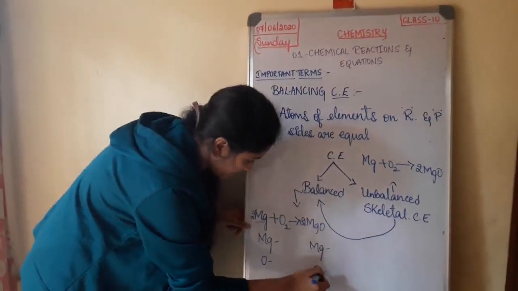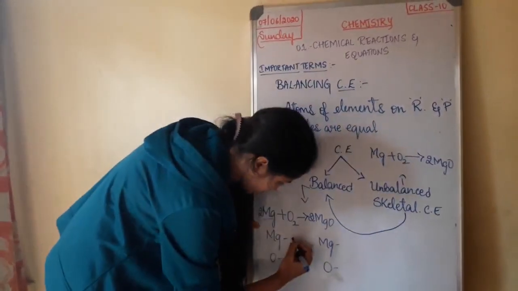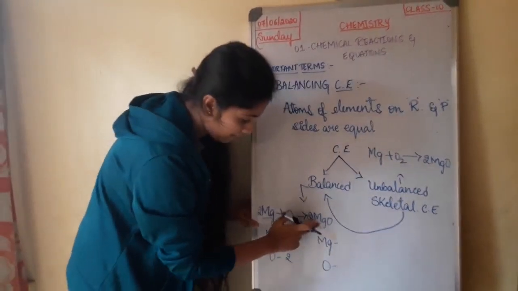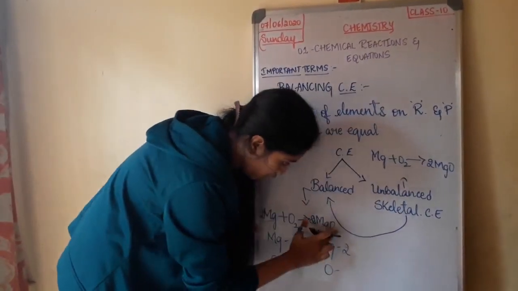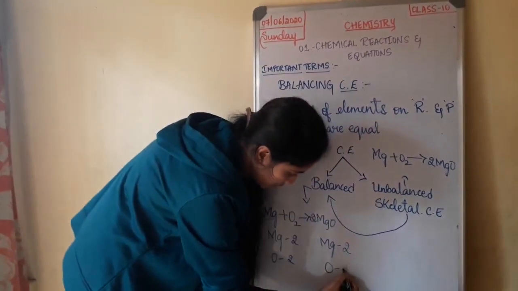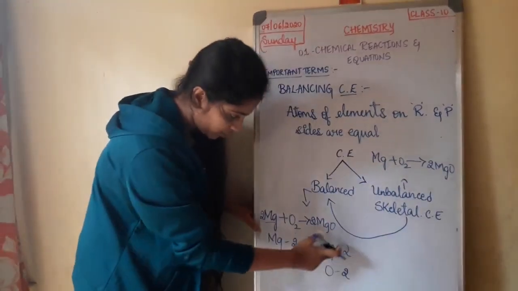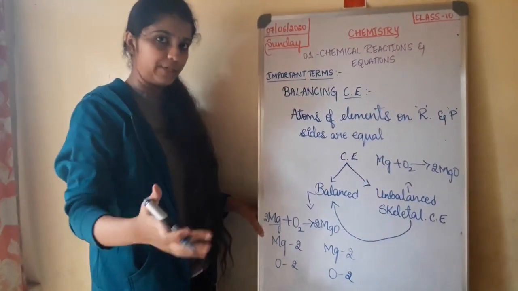Now see, here you have magnesium. How many magnesium do you have? 2. So just write down 2. Oxygen 2. Now magnesium on the product side is 2 and oxygen on the product side is also 2. It is the same, so this is a balanced chemical equation.